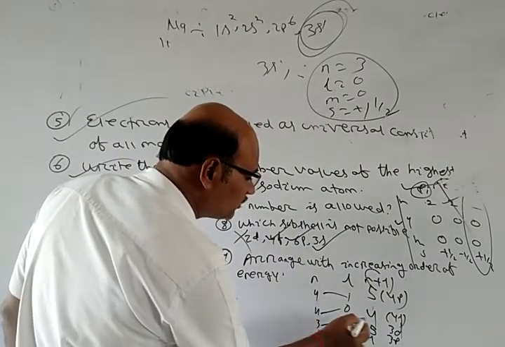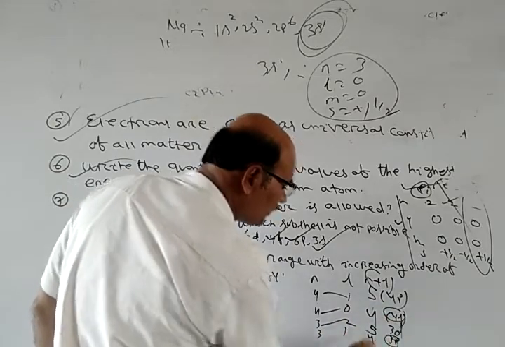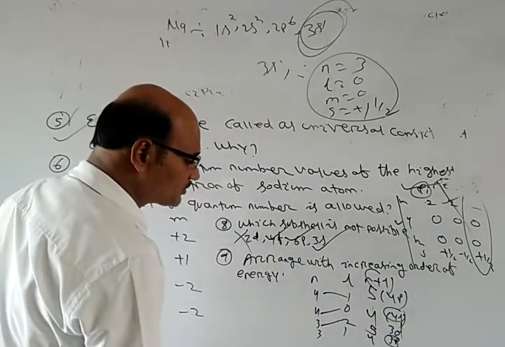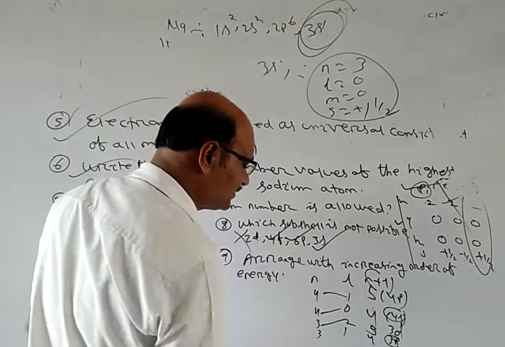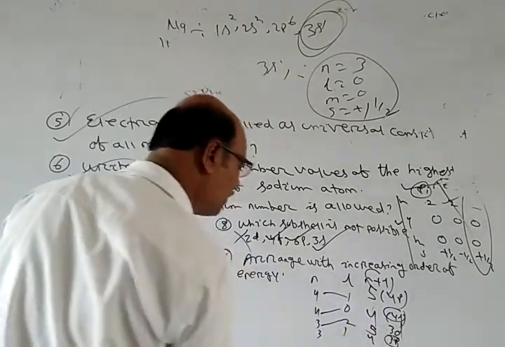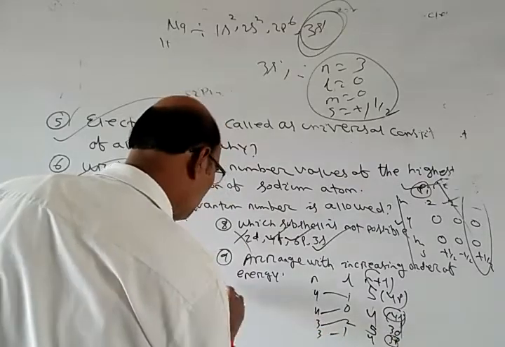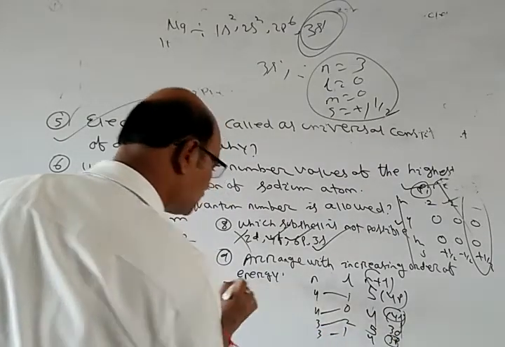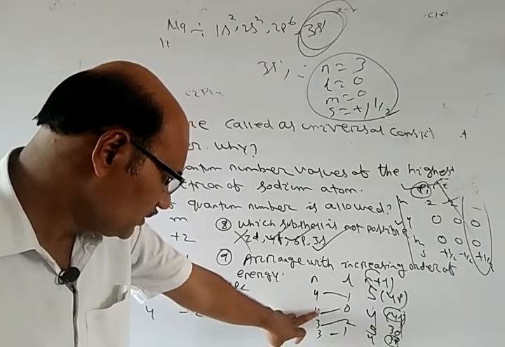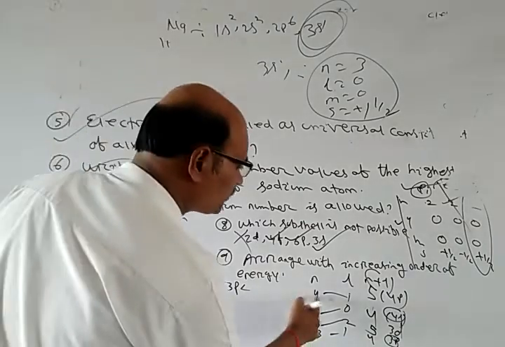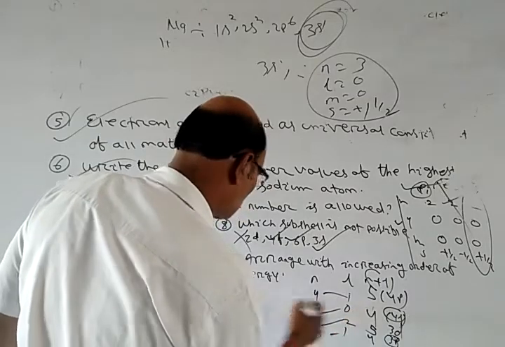Because 4s and 3p both have the same value of n plus l, the one with the higher n value has the higher energy. So the lowest is 3p. Then we come to 4s, which has 4 plus 0, 4.